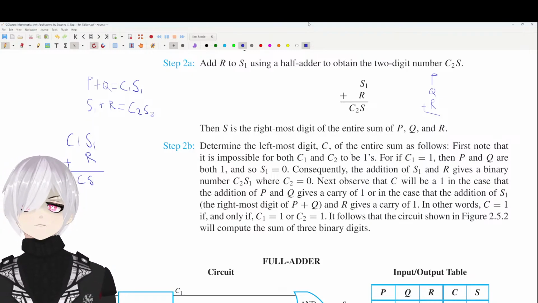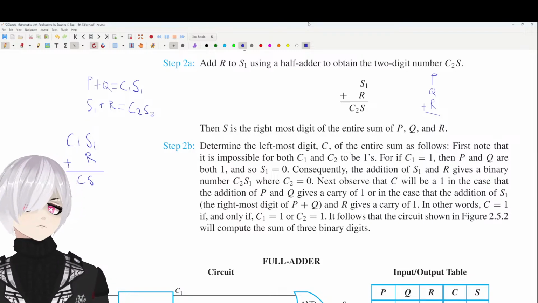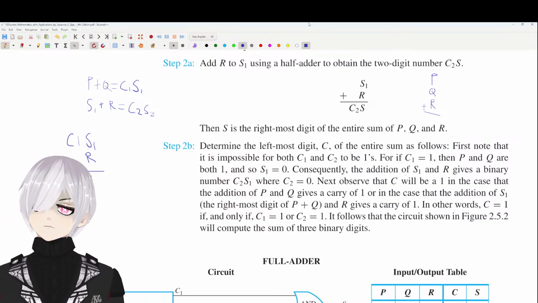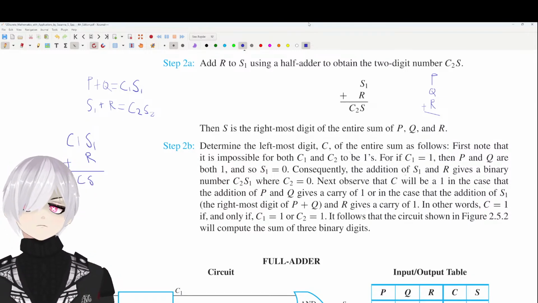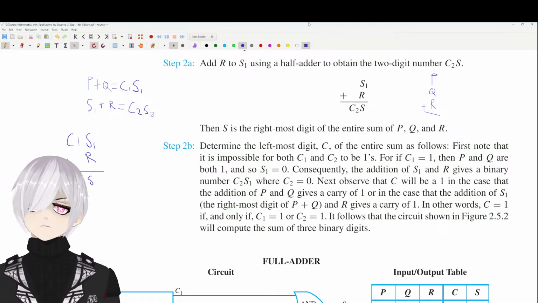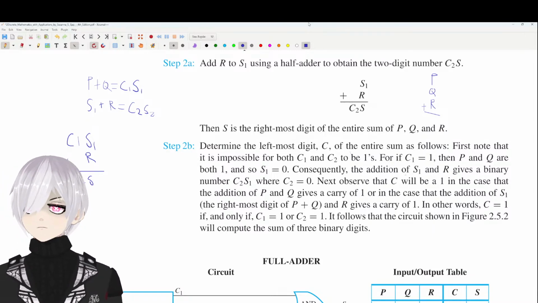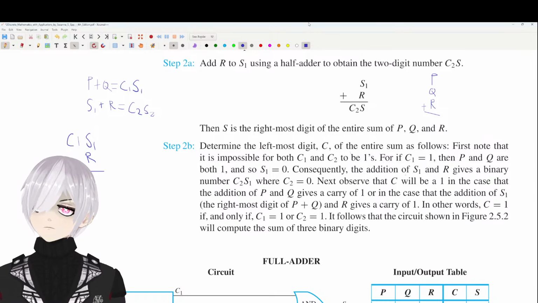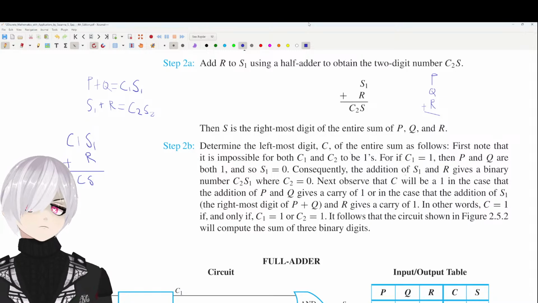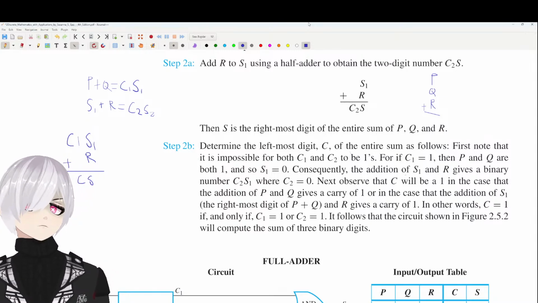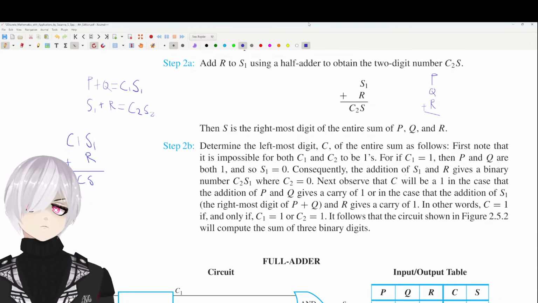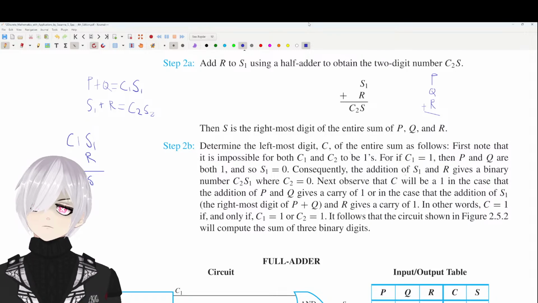Or actually, never mind, another way of putting it: C1 is 0, so C1 S1 plus R is 0 S1 plus R, in other words just S1 plus R. And in our second equation, we know S1 plus R is C2 S2, and we're assuming C2 is 1.